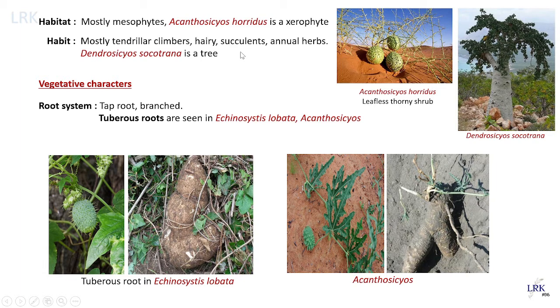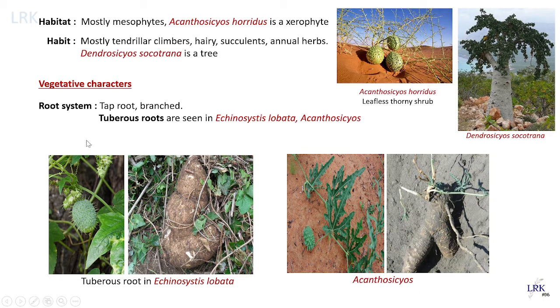They are succulents and they are annual herbs, except Dendrosicyos socotrana, which is a small tree. This one alone is a small tree. Otherwise, all other members are tendrilar climbers, and their stems are succulent and hairy, and they are annual herbs.